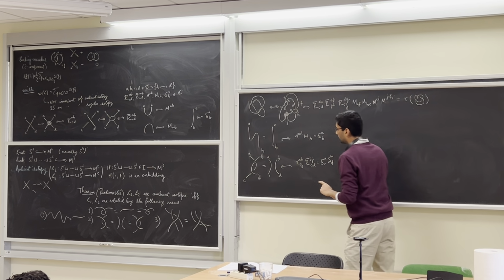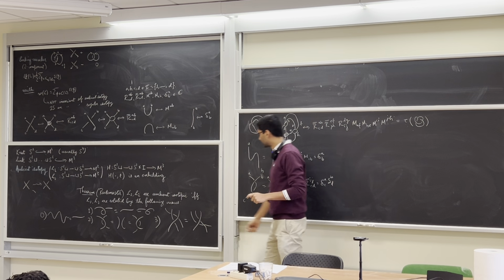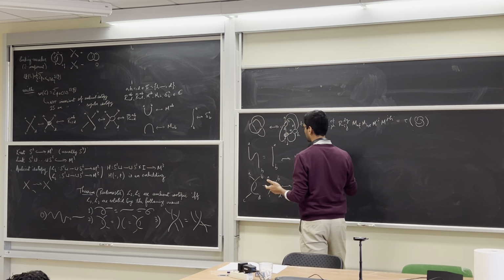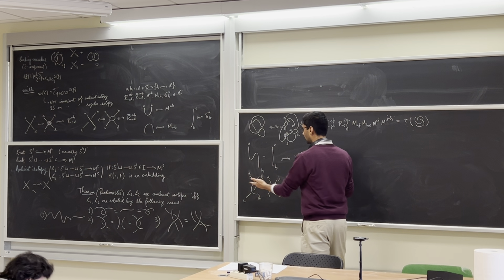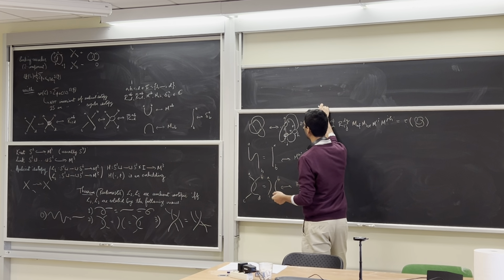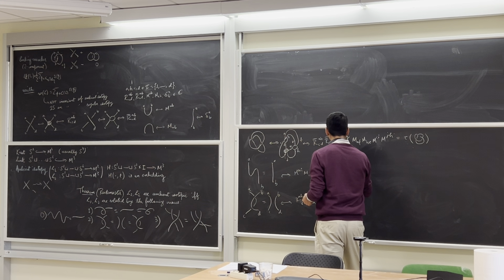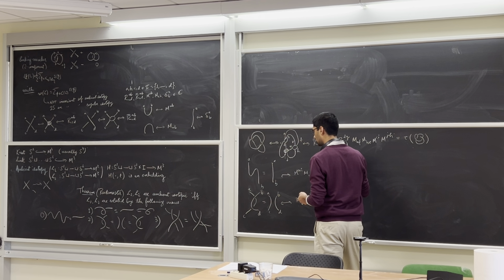And then there is this third move, which will give us the Yang-Baxter equation. So this third move in terms of these blobs will look like this.